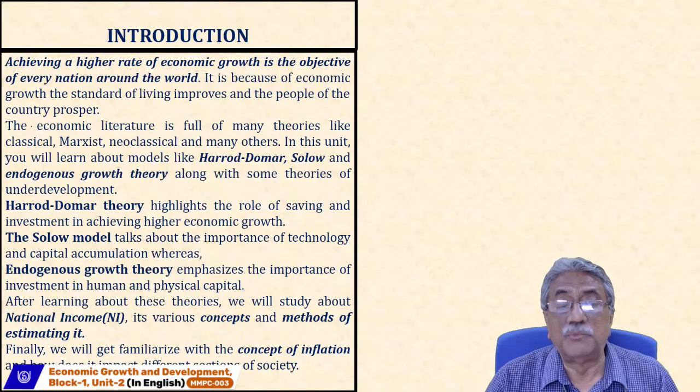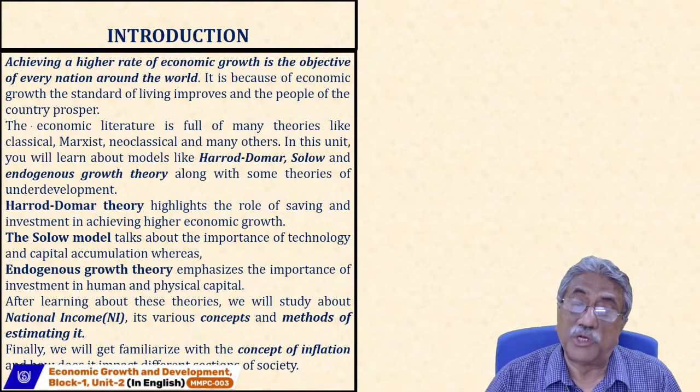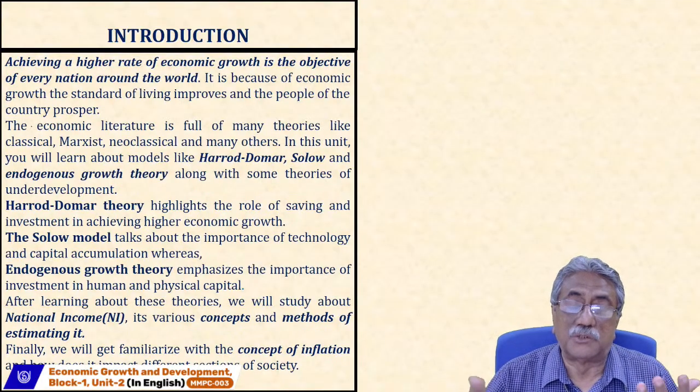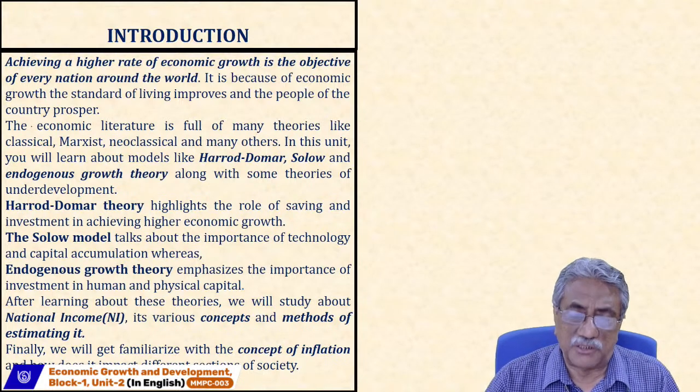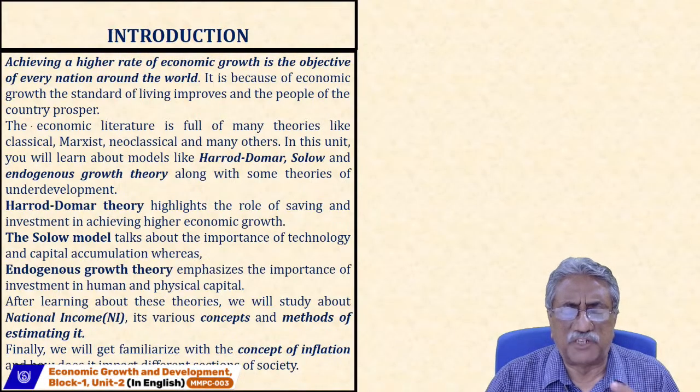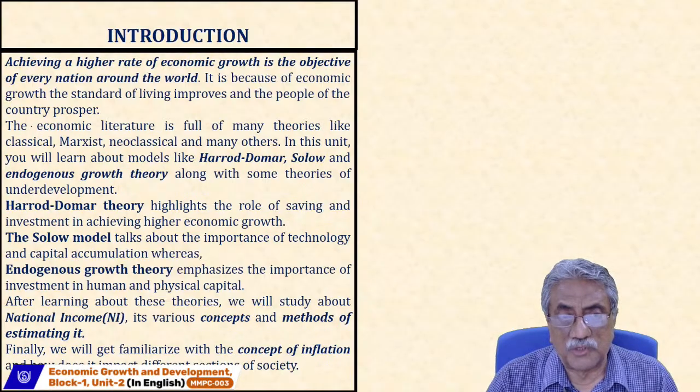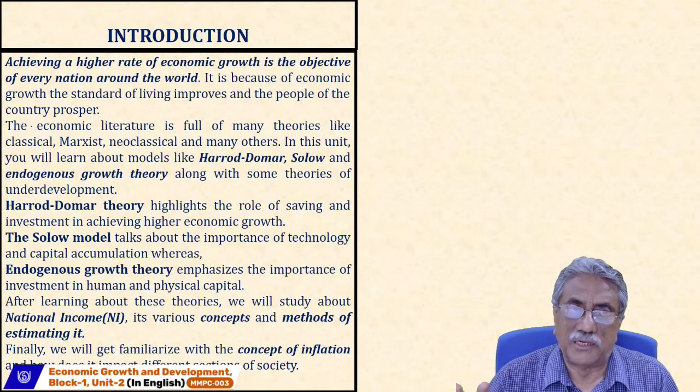From national income, you get the per capita income, so you can know where you stand vis-a-vis other countries, and the various methods of estimating national income. But finally, we'll familiarize ourselves with the concept of inflation. If the income is good but the inflation is high, then your effective income is low. That is what we will be studying at the end of today's session.